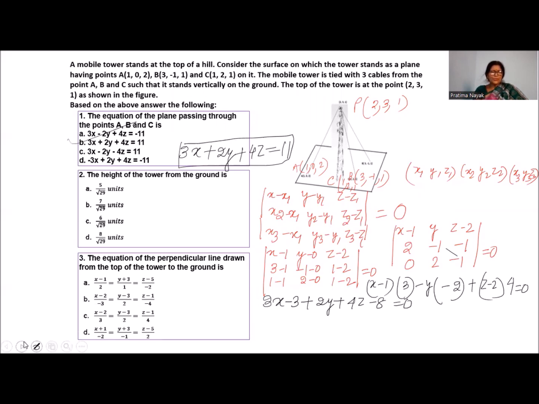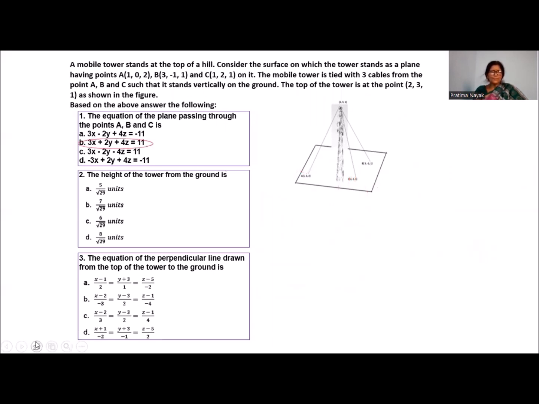Now coming to part 2. Part 2 is the height of the tower from the ground. The plane we have already got is 3x plus 2y plus 4z minus 11 is 0. I will get the distance from this point P(2, 3, 1) to this plane.